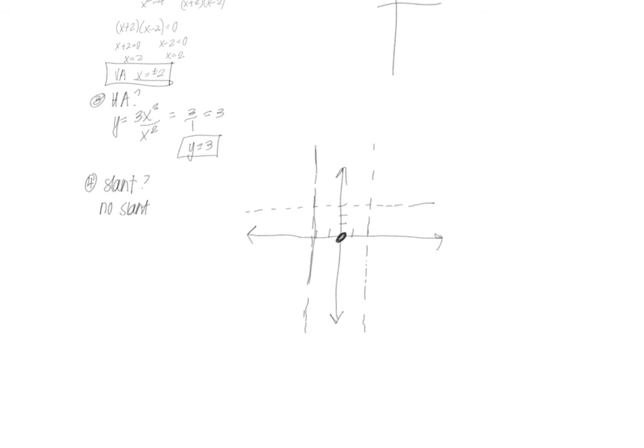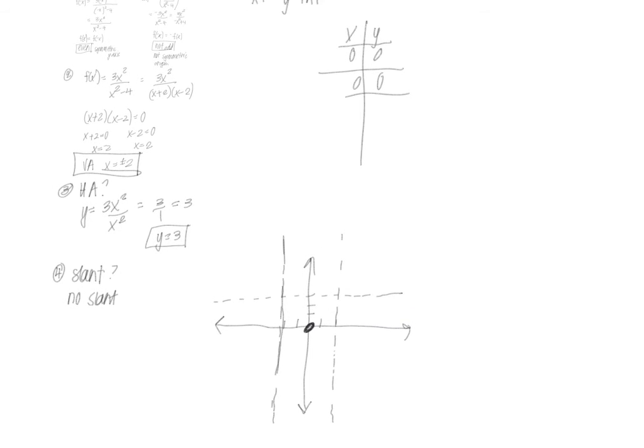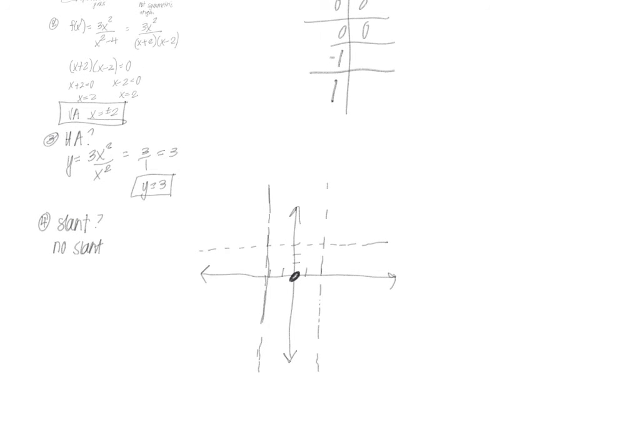Well, I need to figure out some more things that are happening. I think I'll plug in x values of -1 and 1 to cover this area in between those vertical asymptotes. And then on this side, I think I'll do -3 and -4.